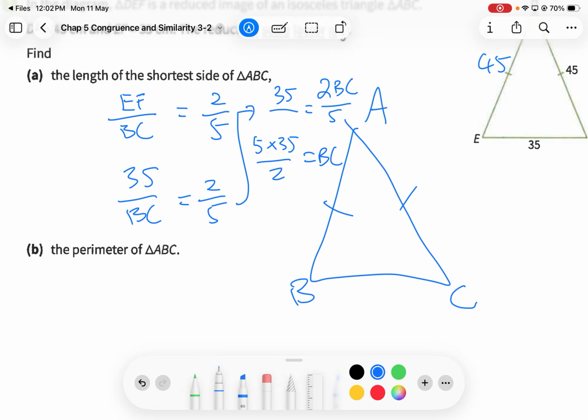Okay? I multiply BC, it goes to the other side and becomes the numerator. Then 35, the denominator, goes here and becomes the numerator, becomes multiply. 2 comes here, becomes divide. So BC equals 5 times 35 over 2, which is 87.5.